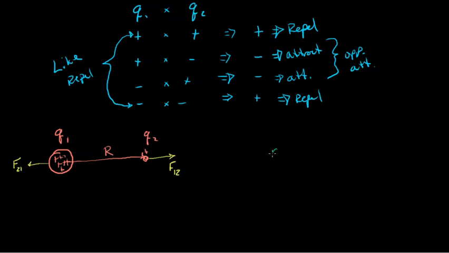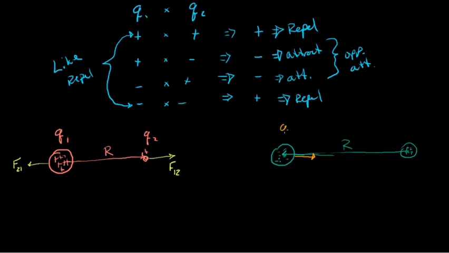If we have a whole bunch of negatives and positives, we have this R, then it's going to experience a force. Positive times negative would be a force in the opposite direction to the radius between them.